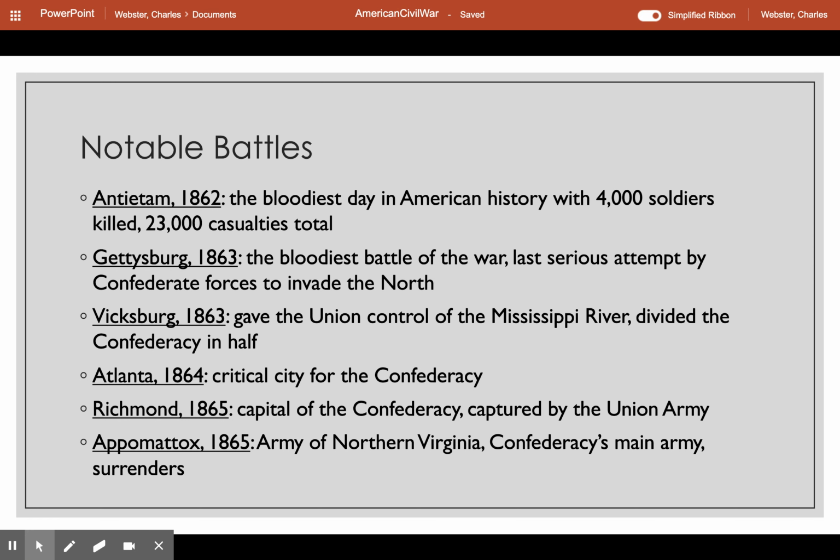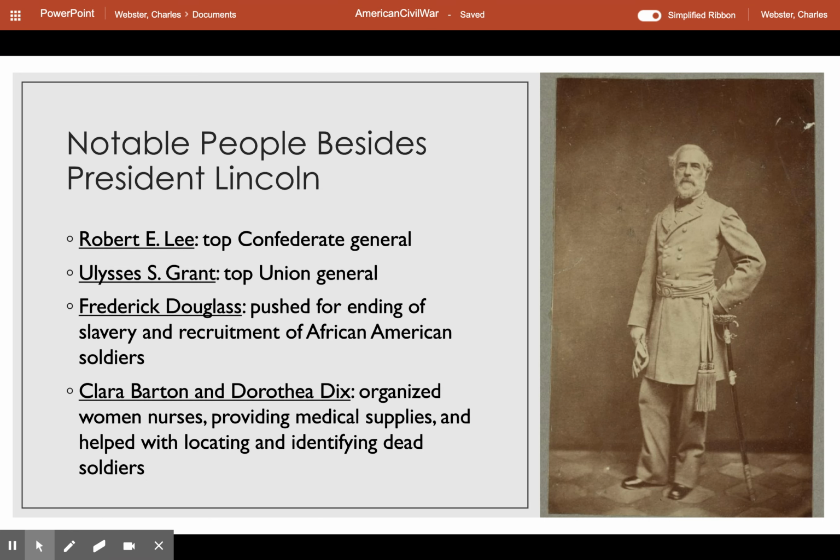This surrender happened in Appomattox in 1865. Appomattox was a small town in southwest Virginia, and that's where Robert E. Lee surrendered, and it was the last major battle of the war.